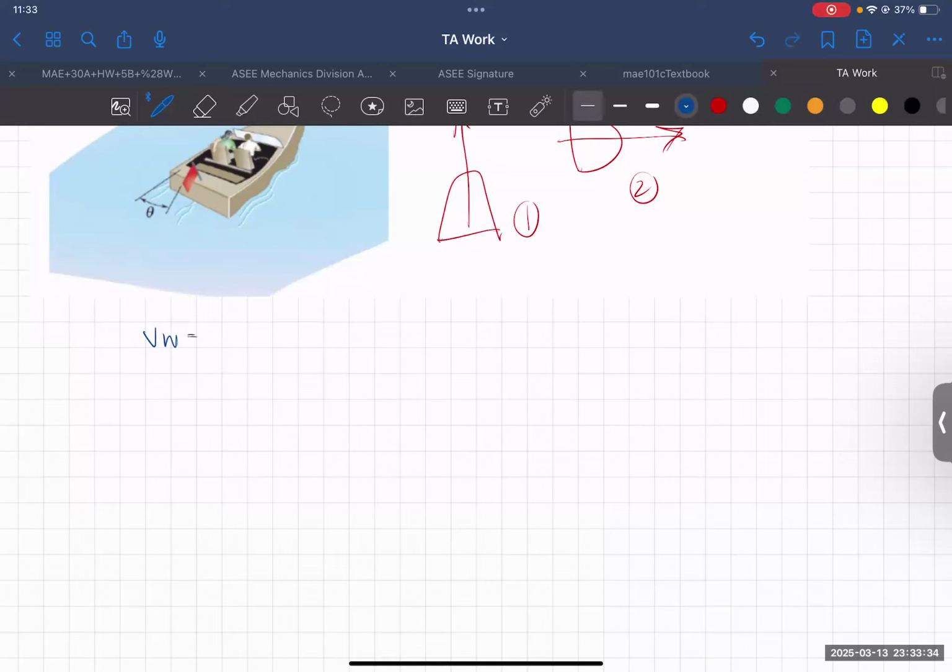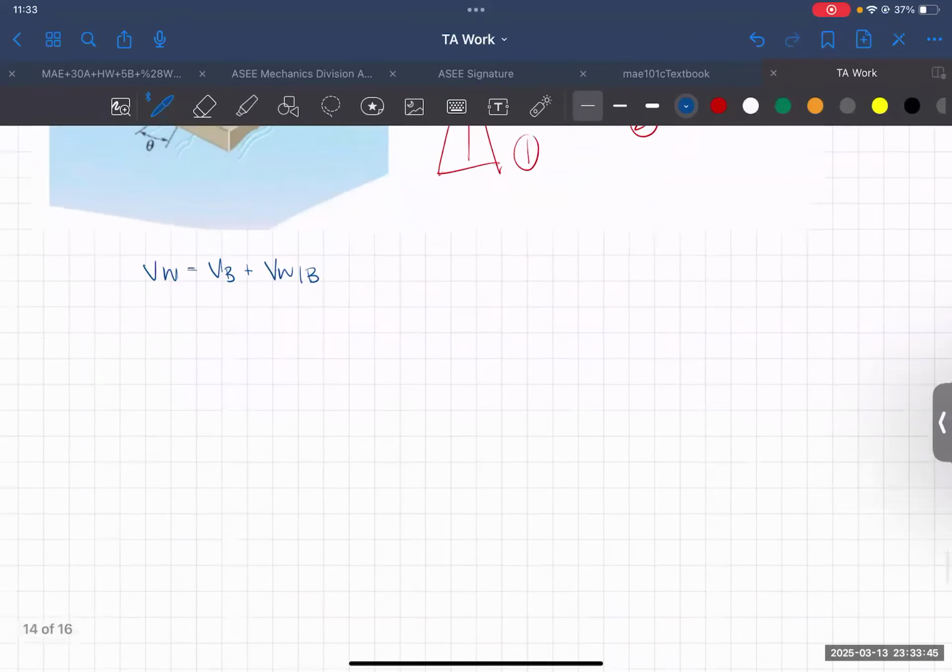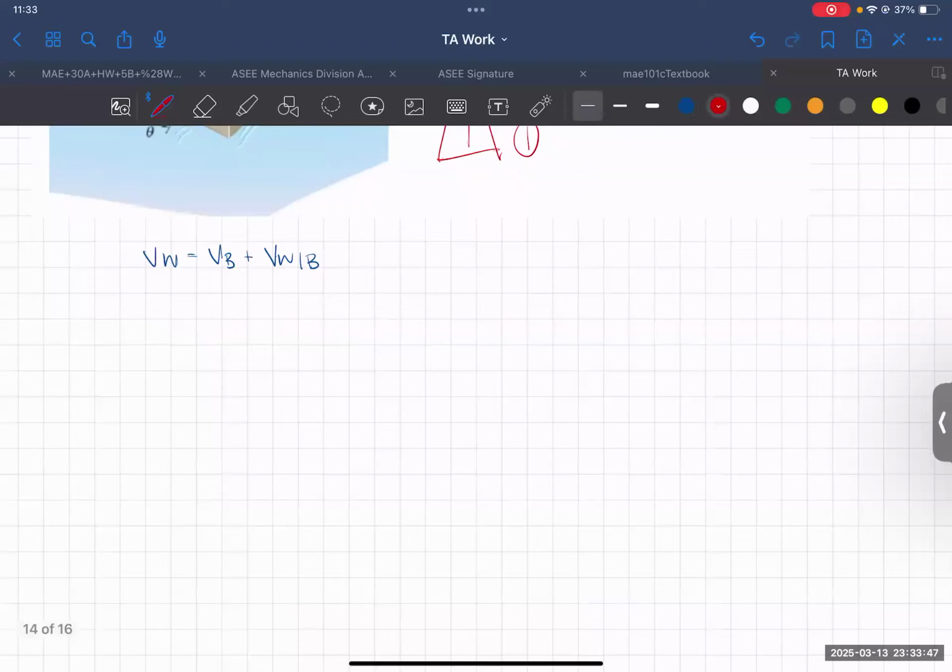for both cases, we have velocity of the wind equals velocity of the boat plus velocity of the wind with respect to the boat. Case 1, we have two components.